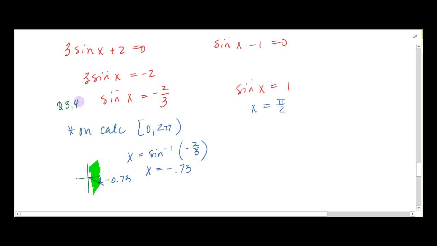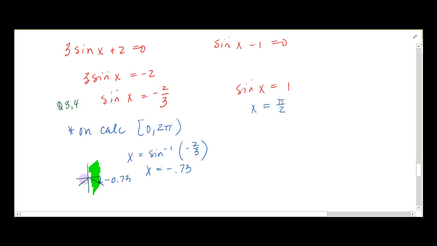So how do I adjust the solution the calculator gave me to account for that? Well, if I have this angle here where I just dropped down to negative 0.73, then I know that, because my angles are symmetric, I also have that value over here.